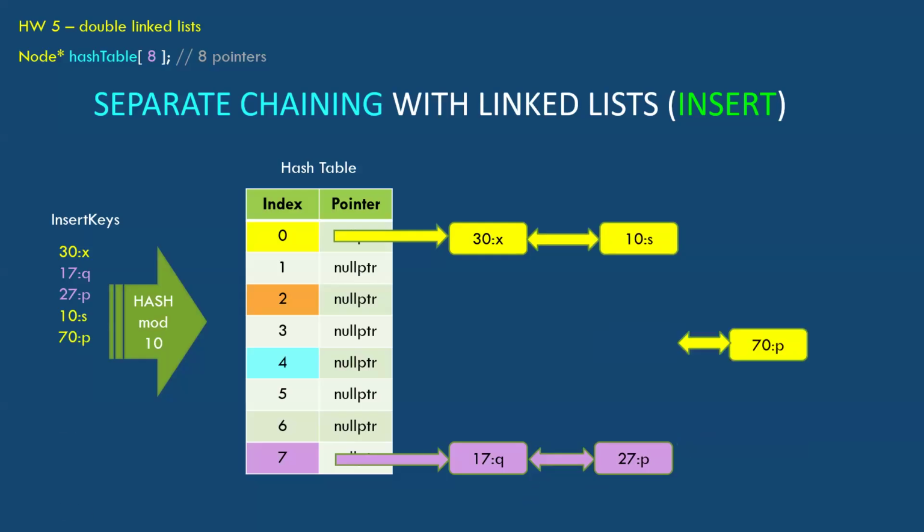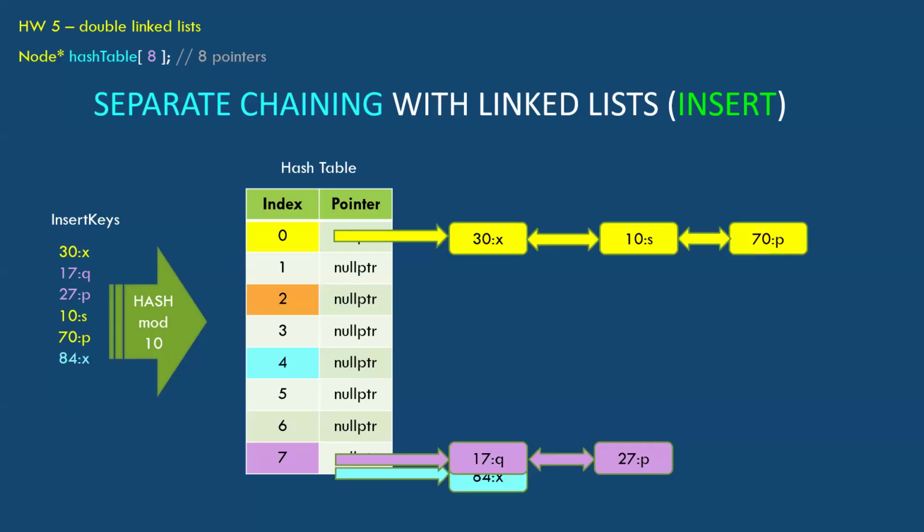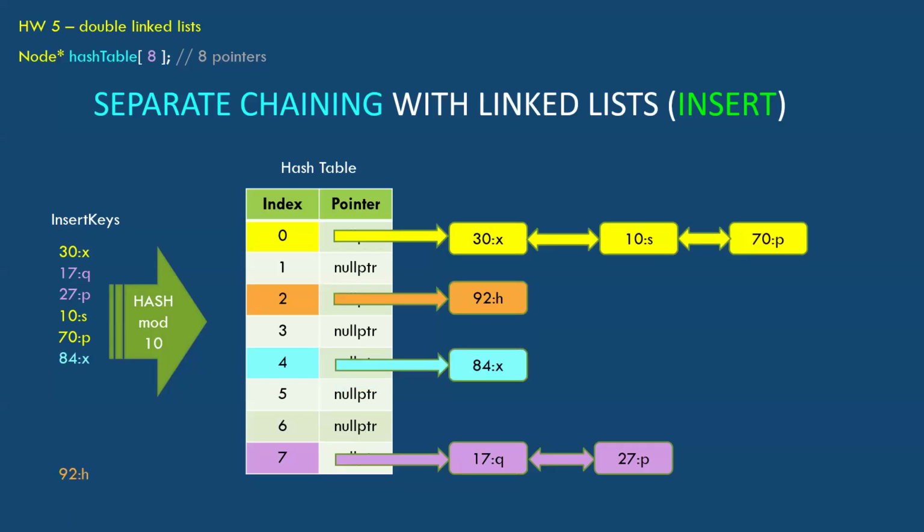Kind of depends on what our policy is. There's a 70, 84. So we're hashing. And at some point, somebody says, hey, I want to update key 70. So we have to go find key 70 if we're not supporting duplicates. And that's going to require that we potentially search all the way to the end of our linked list.